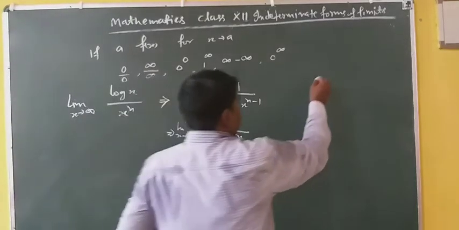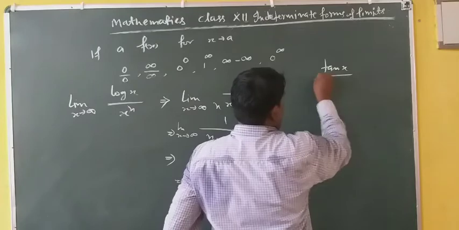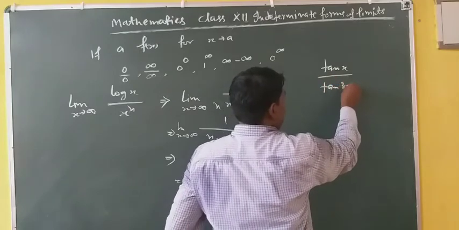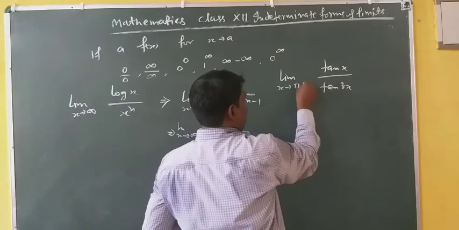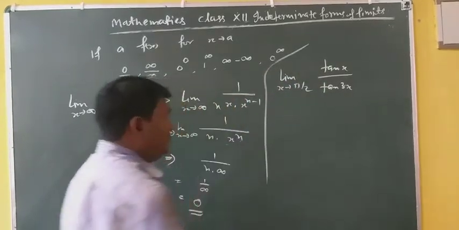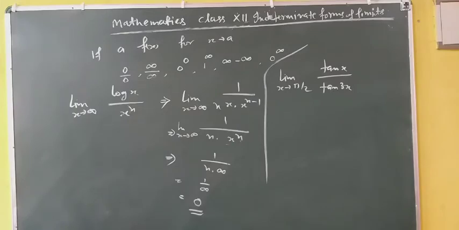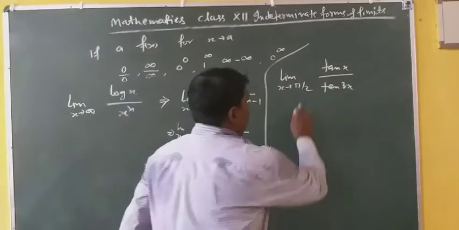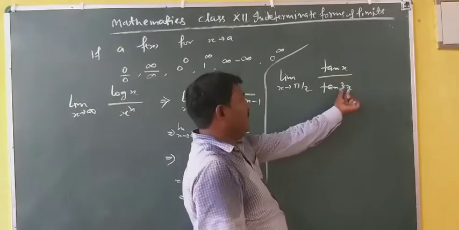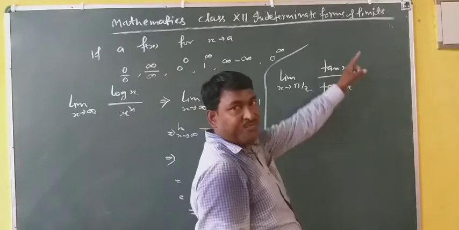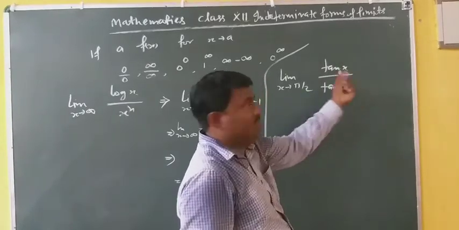x tan x upon tan 3x, here limit x tends to pi by 2. Another question. How will you solve it? Just see. Here in the place of x, pi by 2, tan pi by 2 is infinite, tan 3 pi by 2 is also infinite, so infinite upon infinite is an indeterminate form.